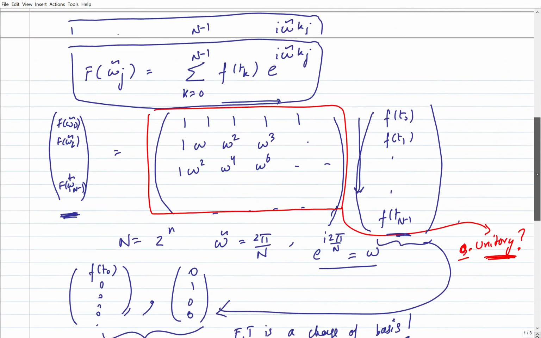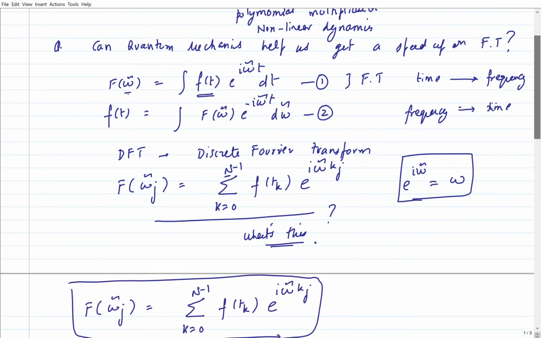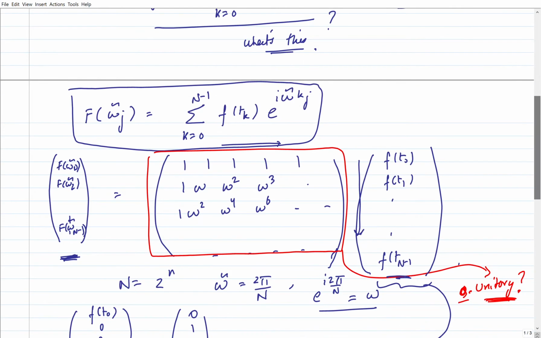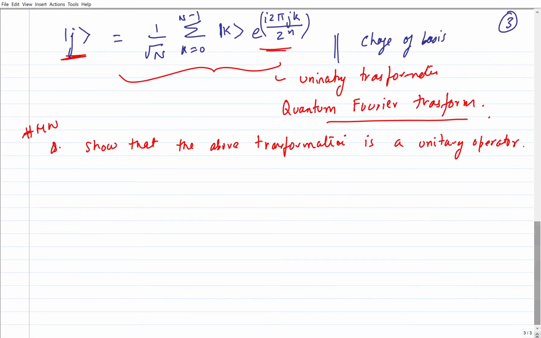By the way, in this particular lecture, we are following Nielsen and Chuang, which is a good source on it, but it doesn't matter. This is a standard thing in most quantum information processing textbooks.